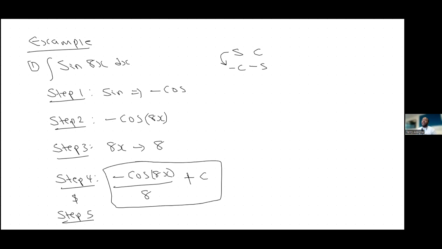All right, let's pick another example. Let's assume you're told to integrate something more interesting. Let's say 1 over 2 sine 6x plus 3 with respect to dx.